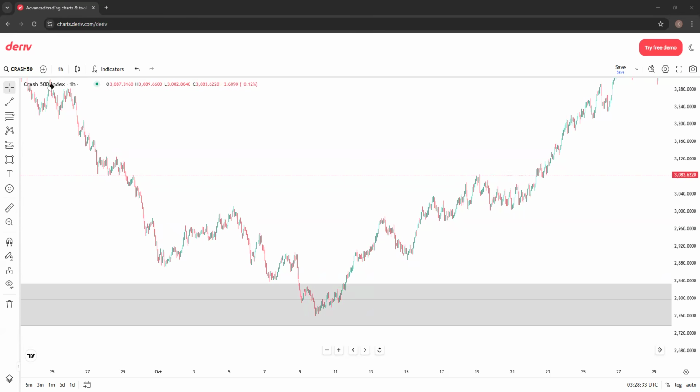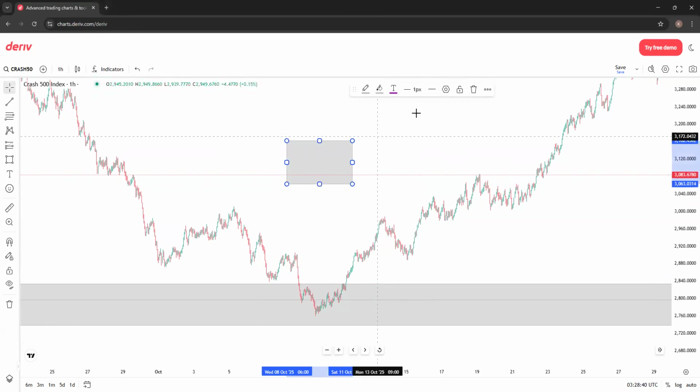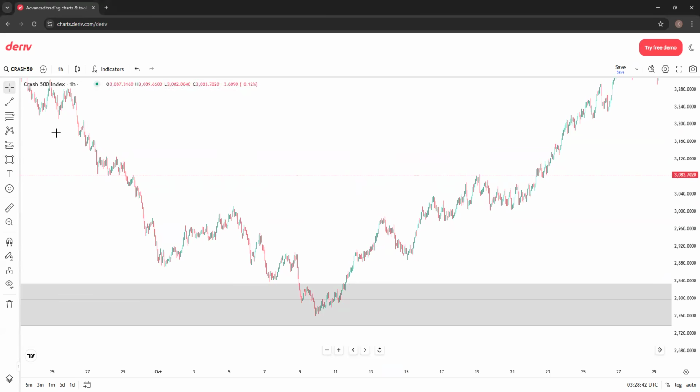I hope for everyone, we all know that when we have an order block, like for this instance, I hope everyone knows this. Let me remove this one and choose a different color.